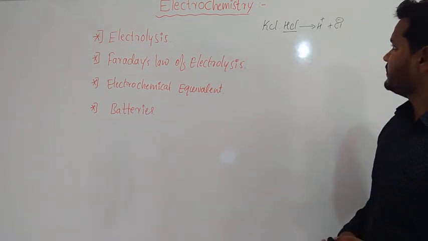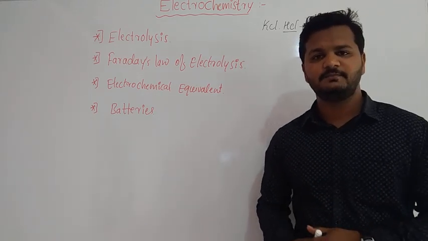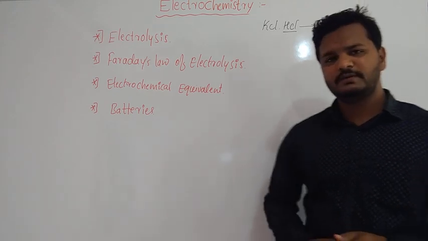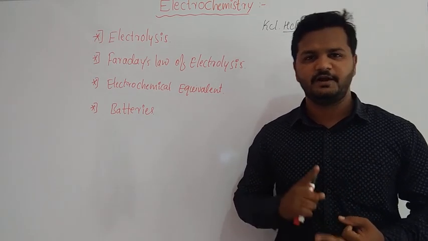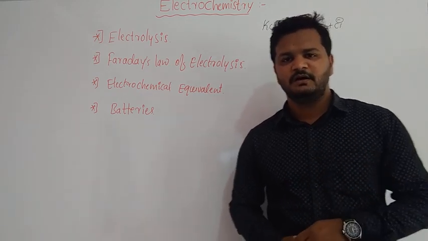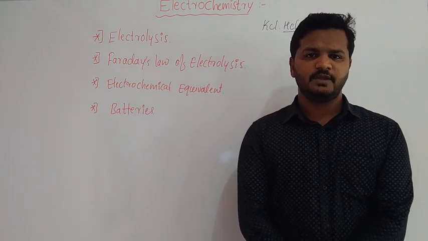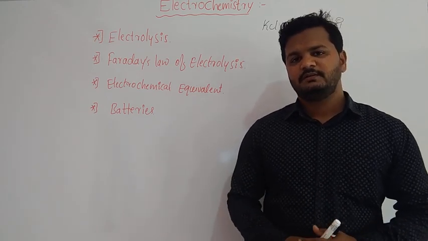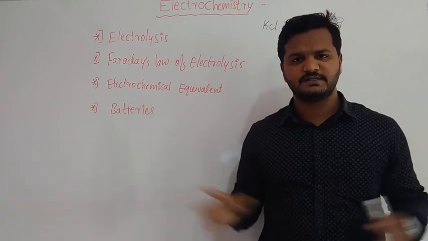Now, electrolysis is what? Next one. You already know some important terms like strong electrolyte, weak electrolyte and non-electrolyte from your previous classes. So students, what is meant by a strong electrolyte? A strong electrolyte is a substance that is completely dissociated into ions.